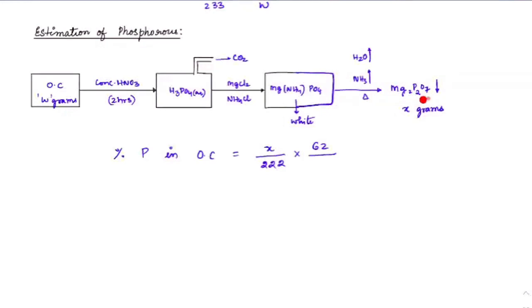Applying POAC, 1 mole of this is equivalent to 2 phosphorus. 31 is the atomic mass of 1 phosphorus, so 62 is the molar mass of P2. That divided by W into 100 will give the percentage of phosphorus in the organic compound.